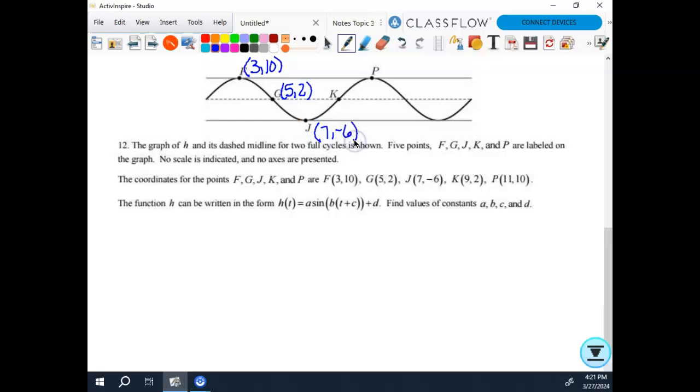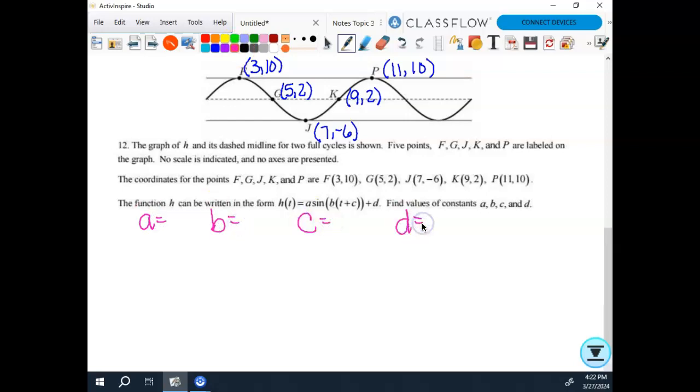So it's much like that first one, but they're just giving you the points so we can do other things with them. 2 and 11, 10. Okay, so those are my coordinates. I want to find the values of A, B, C, and D.